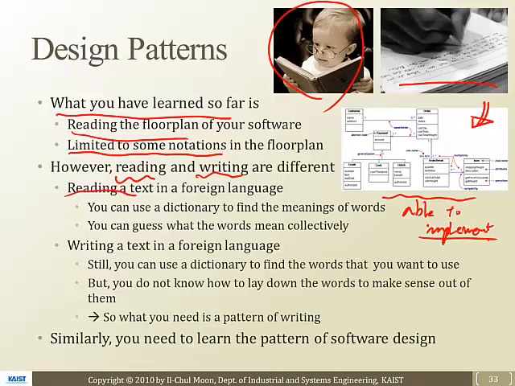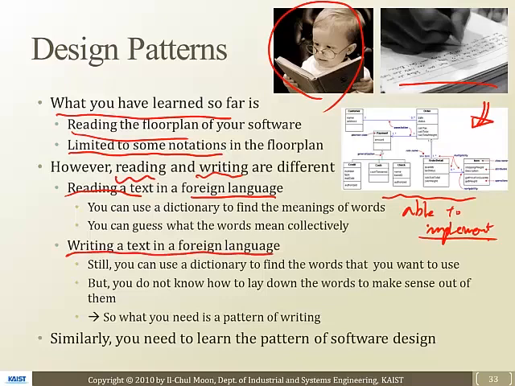Reading a text in a foreign language, you can use dictionaries and ask around the meanings of words, and sometimes you can just guess the meaning of the words, and eventually you can comprehend what it says. However, writing a text in a foreign language is much harder, right?